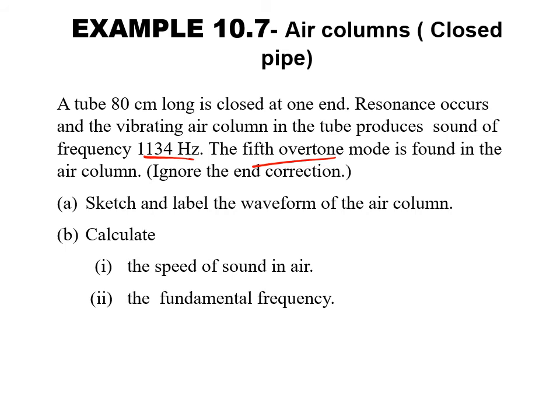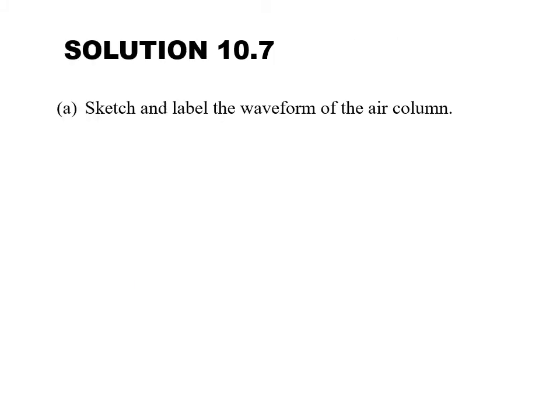Ignore the end correction. A, you need to sketch and label the waveform of the air column. And B, you need to calculate the speed of sound in air and the fundamental frequency. First, sketch and label the waveform of the air column for the fifth overtone.